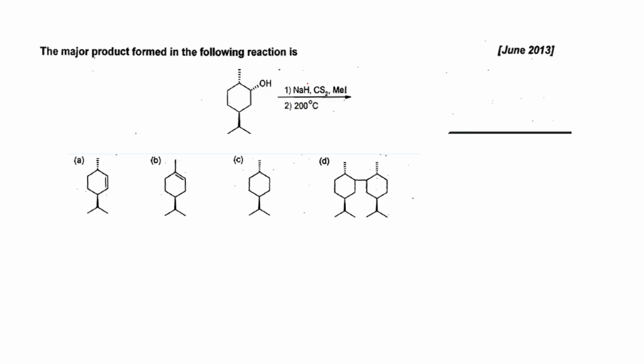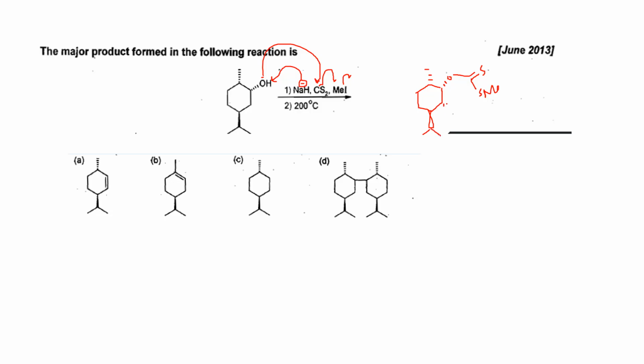So what will happen? NaH will take this proton and this O minus will attack this CS2, and this will open up and attack this methyl, and iodine will be removed. So it will form this xanthate ester. Now it will take only the syn hydrogen.